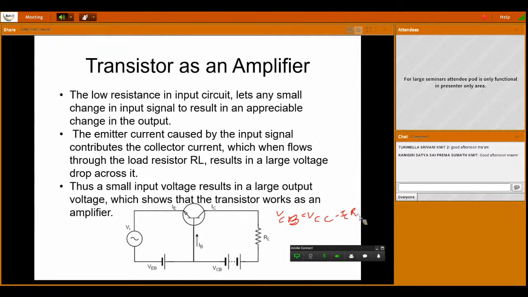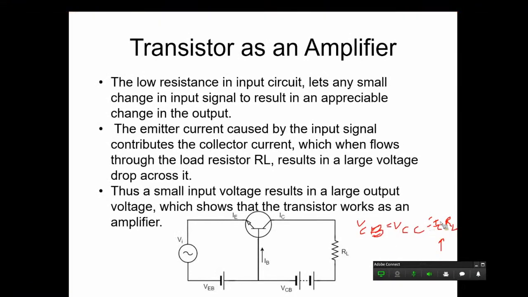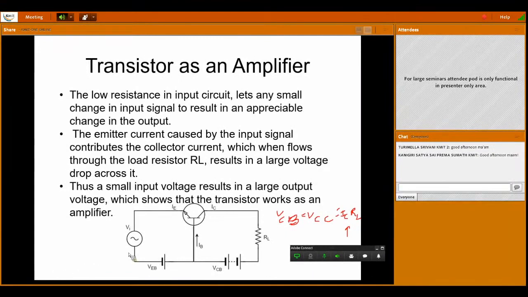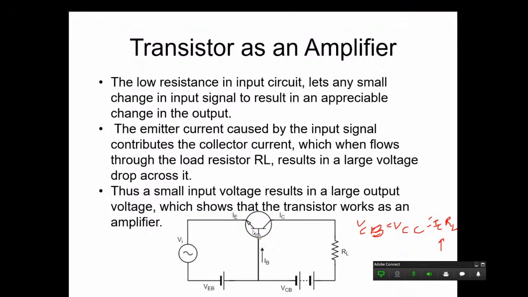If IC is high, the drop across this RL becomes large, then VCB is very less. So the output voltage is less whenever the collector current is maximum.